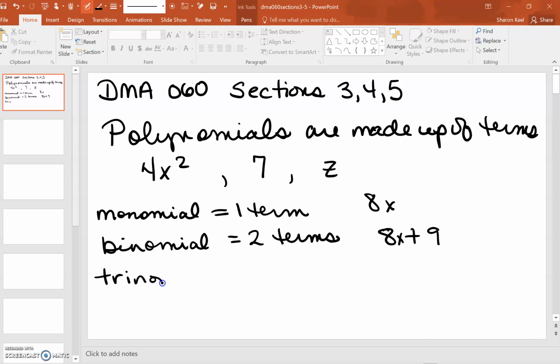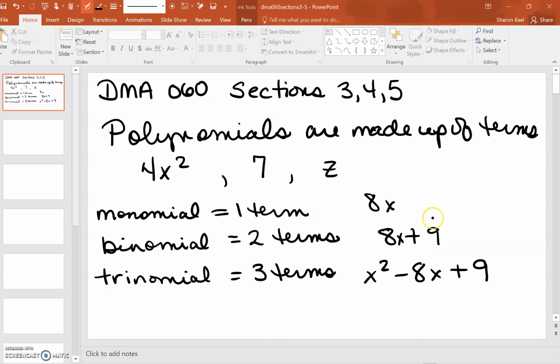A trinomial, as you would guess, is made up of 3 terms. So that could be, let's say, x squared minus 8x plus 9. That will be considered a trinomial, having 3 terms. So special words are monomial for 1 term, binomial for 2 terms, trinomial for 3 terms.